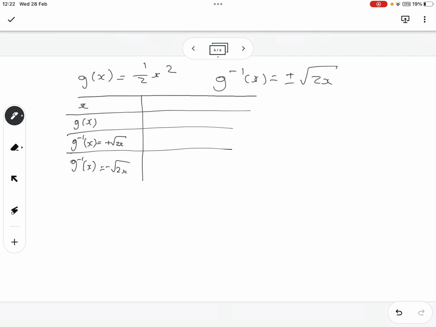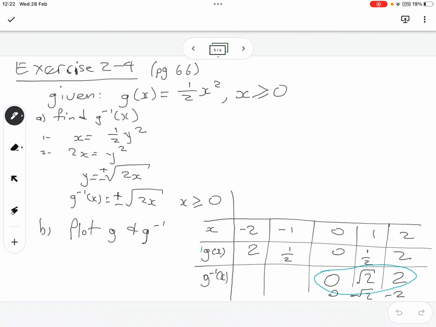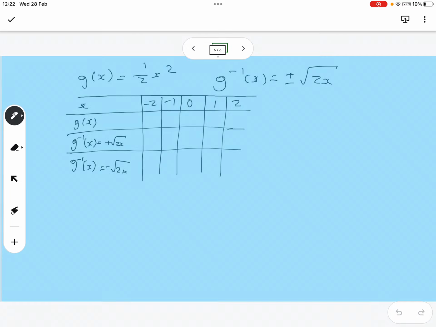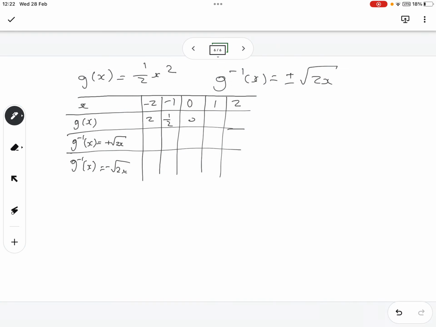Alright. So we said negative 2. So here we had positive square root of 2, and here we had negative square root of 2.